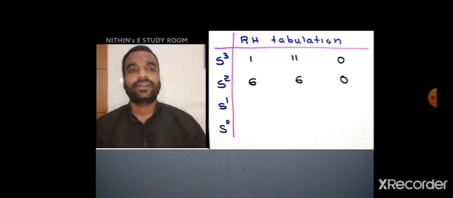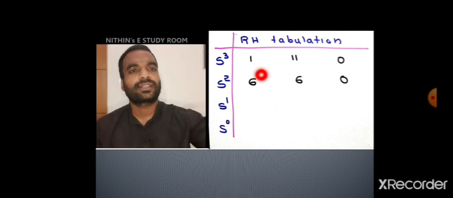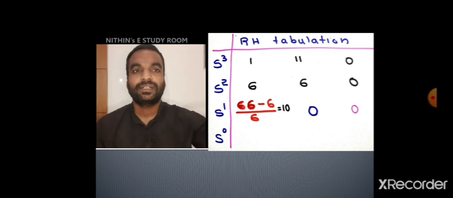Okay, now find S raised to 1. How will you get S raised to 1? It is 6 into 11 minus 1 into 6, divided by 6. 6 into 11 means 66, minus 6, divided by 6, that is equal to 10.